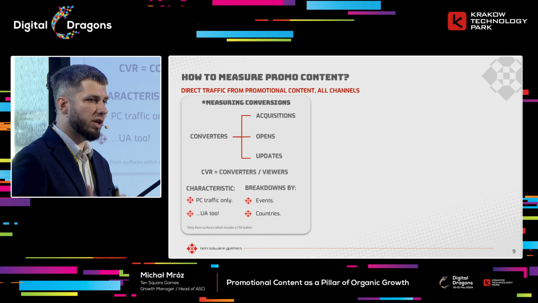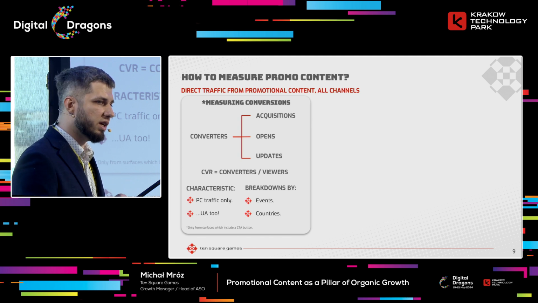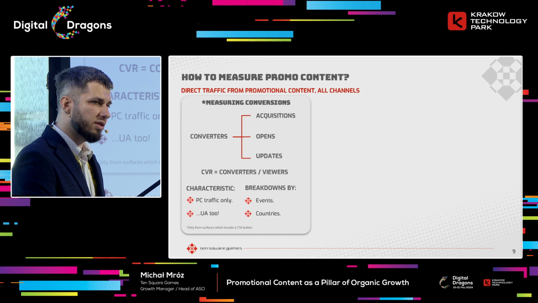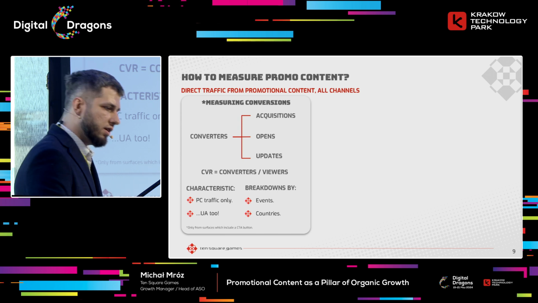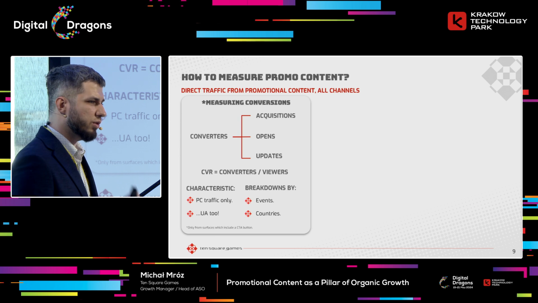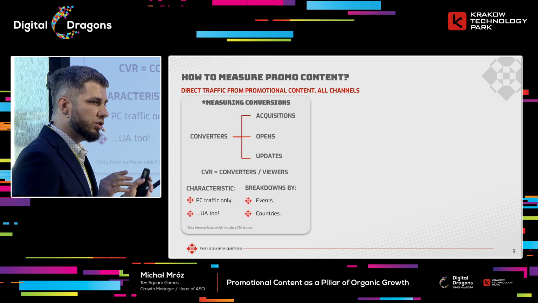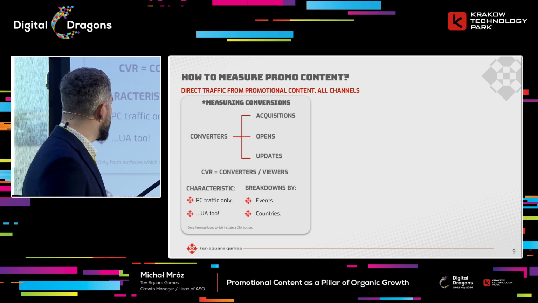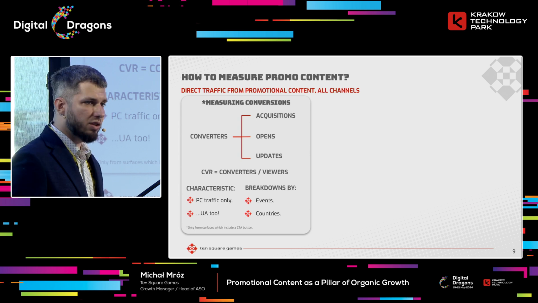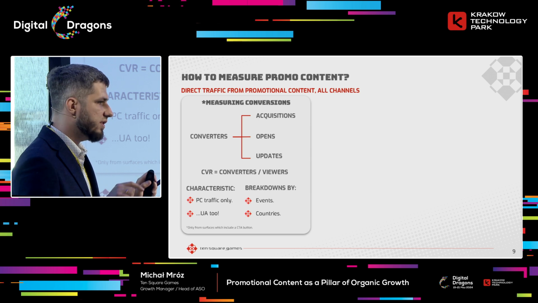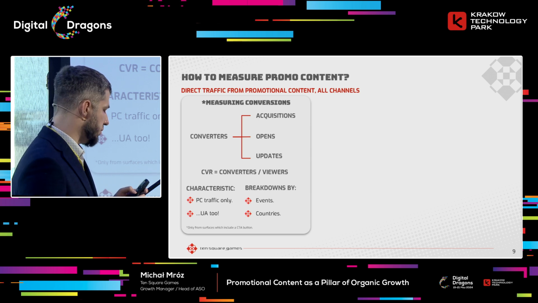Because even when they hit from the paid acquisition, but when they looked at the promotional content surface, hit it, and downloaded through it, they can be attributed to paid acquisition. So here the view is a little bit more blurred because you don't really see the full organic results. And if you want to dive deeper, then these reports can offer you a few breakdowns, particularly to check events by events or countries by countries.